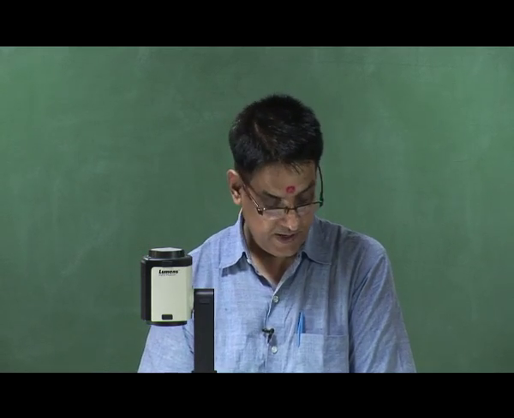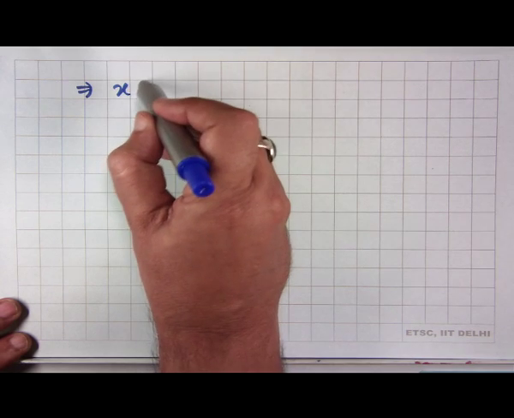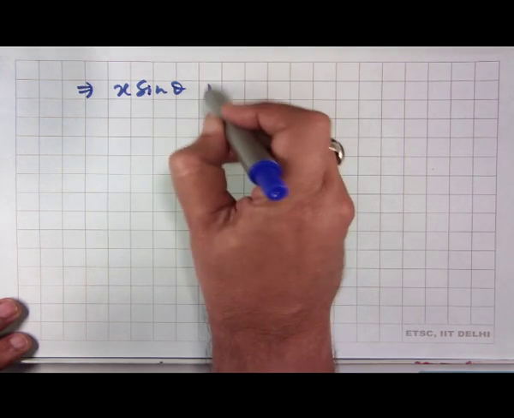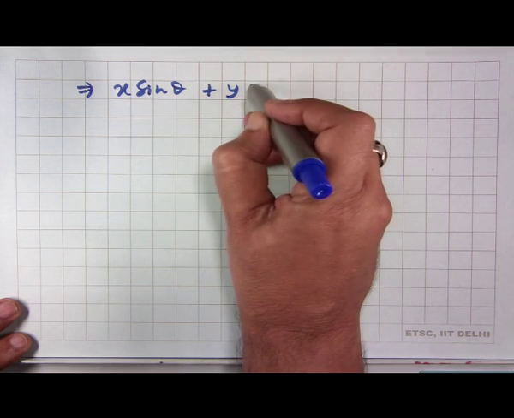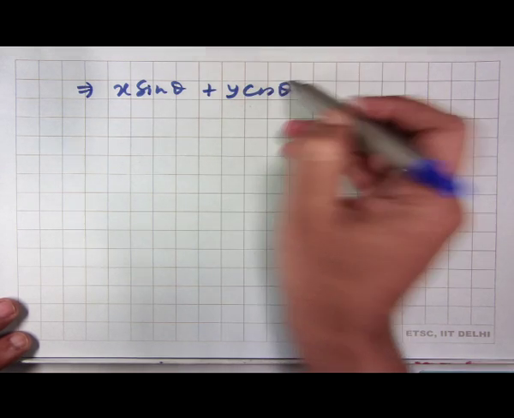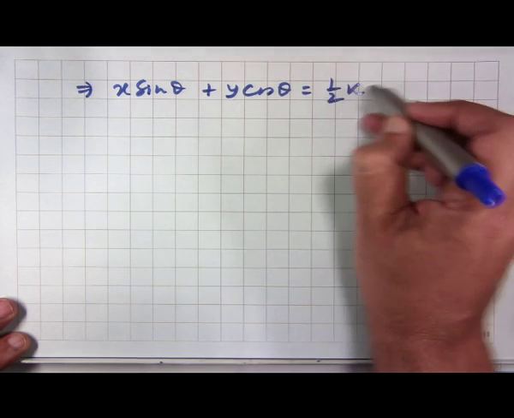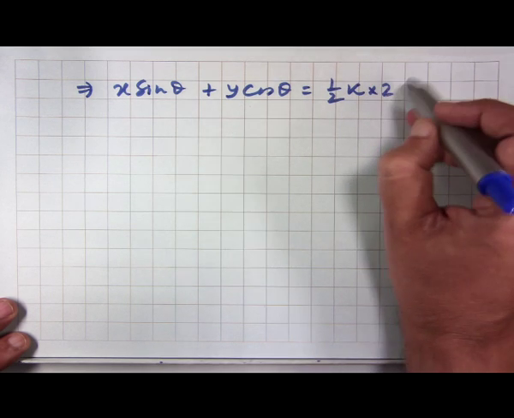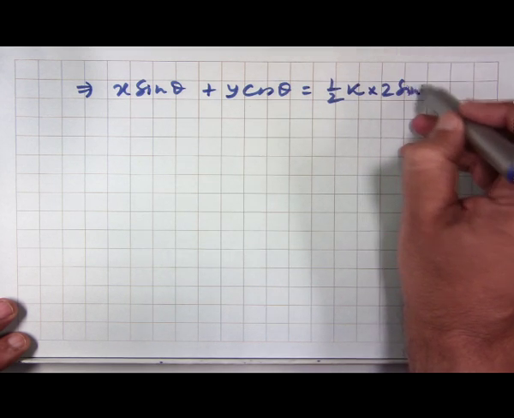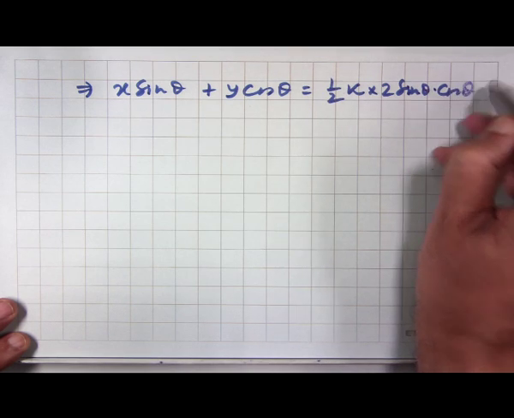And this can be written as x sin theta plus y cos theta is equal to 1 by 2 k into 2 sin theta into cos theta.